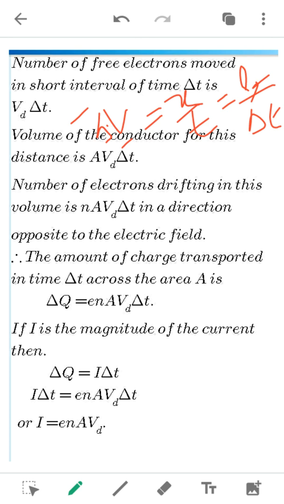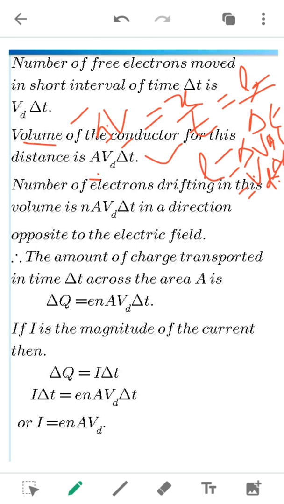So L equals Vd into delta t, where the velocity is the drift velocity Vd. Therefore Vd into delta t multiplied with the area of cross section gives you the volume of the conductor. So we got this equation, that is A Vd delta t gives the volume of the conductor, right?